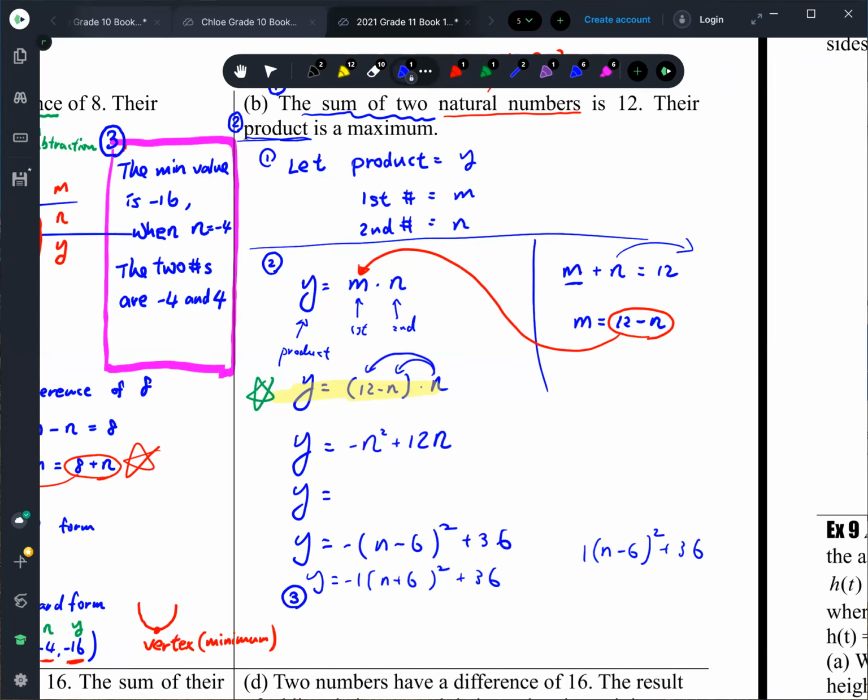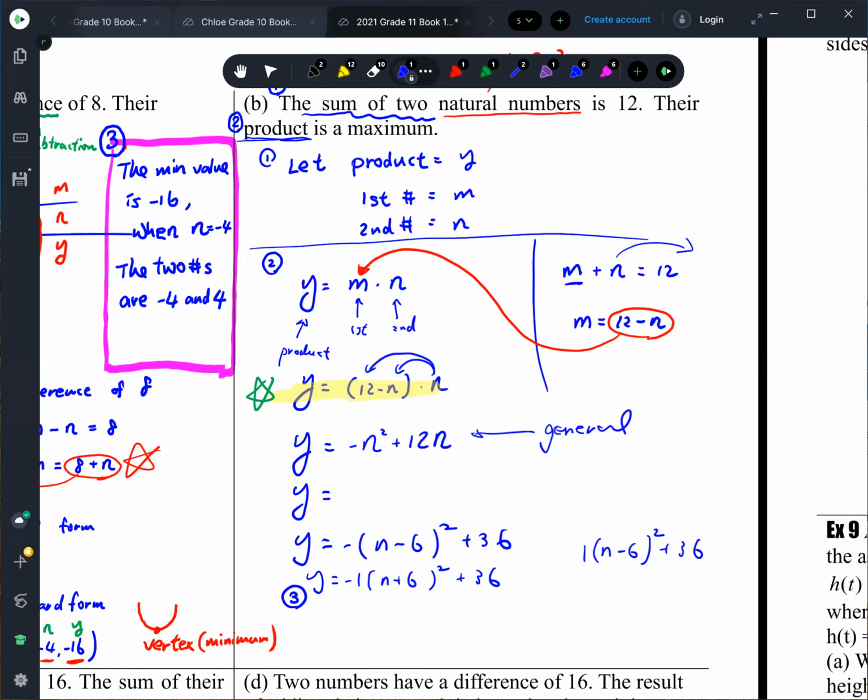So we have 3 possibilities here, okay? So first of all, we expand the n into the brackets. So you will get 12n minus n squared, but then we need to put it in order. So we move the -n squared to the front, okay? So this is our general form. And then we follow the factor, A divided by 2, balance.